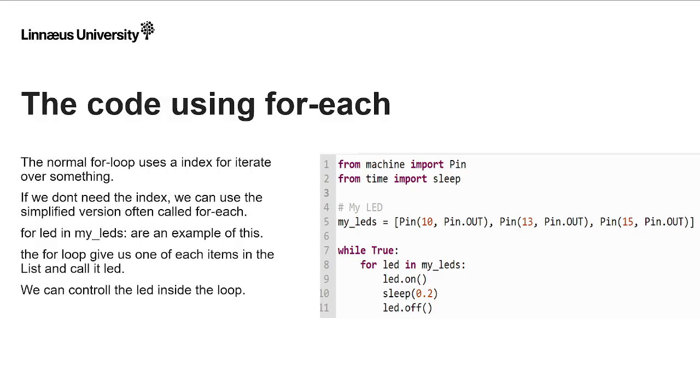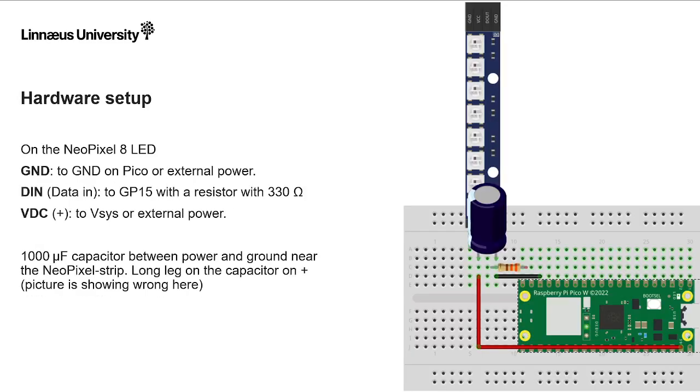And in this case we will use a NeoPixel strip with 7 different LEDs with different colors. And this one has 3 connections, one for ground, one for data, and one for power.